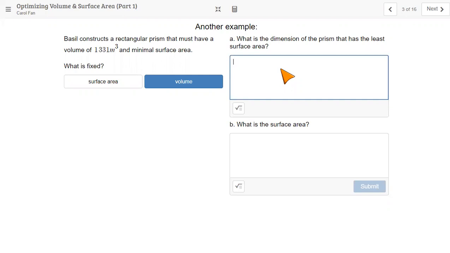So we know that a cube is the rectangular prism that has the maximal volume and minimal surface area. So because that's the case, let's write our equation.